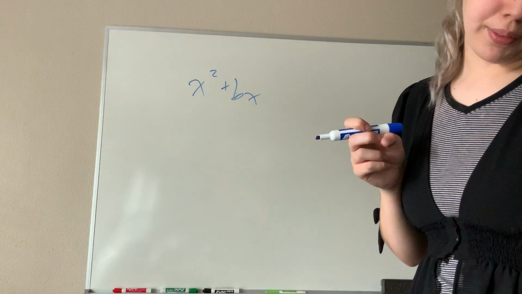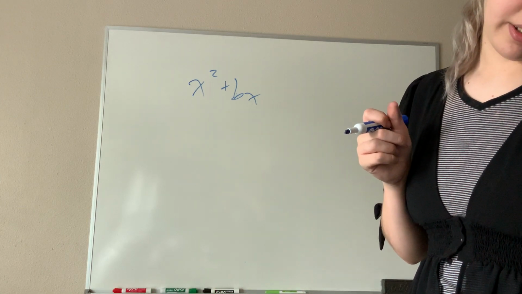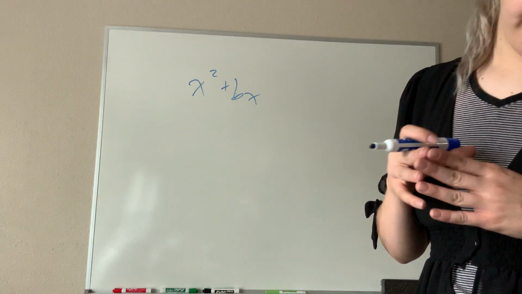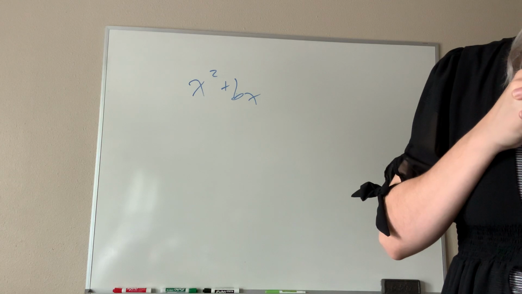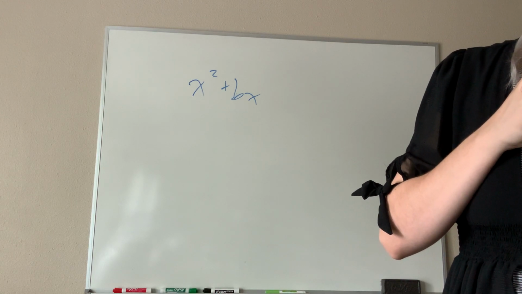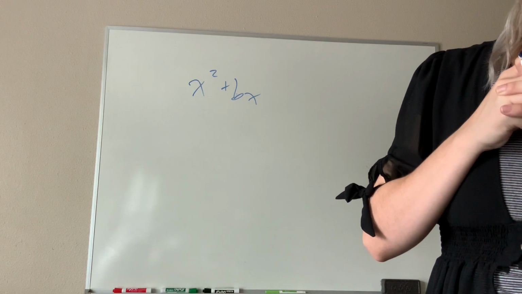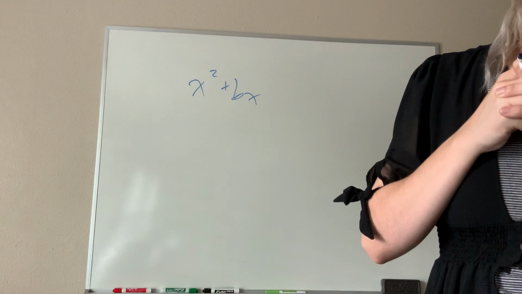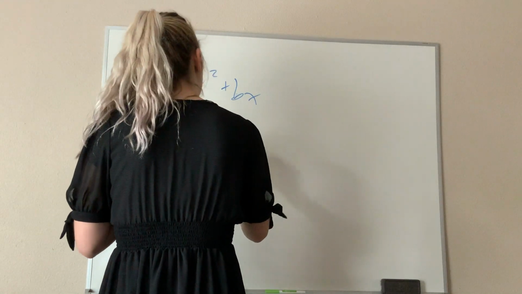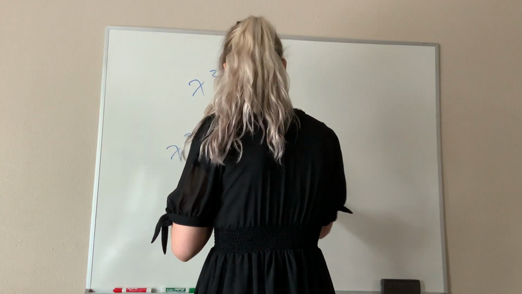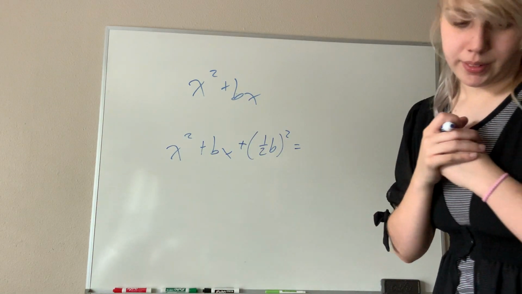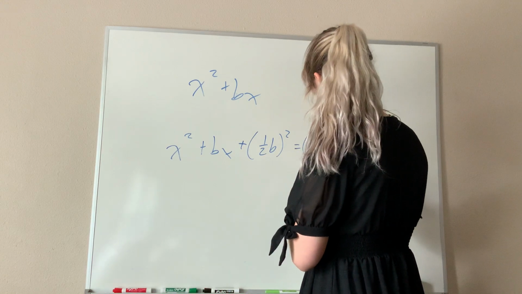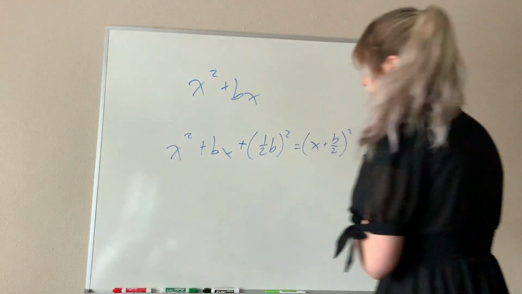The factored form of a perfect square: we have x squared plus bx plus one half times b, squared, is equal to x plus b over 2, squared.